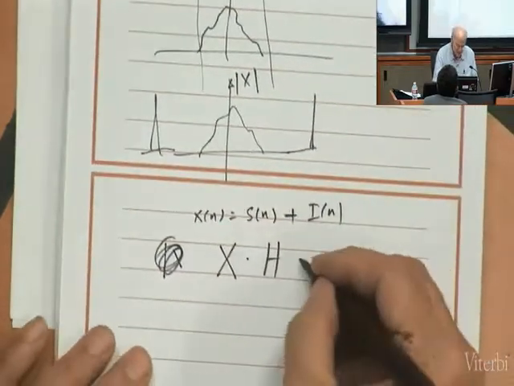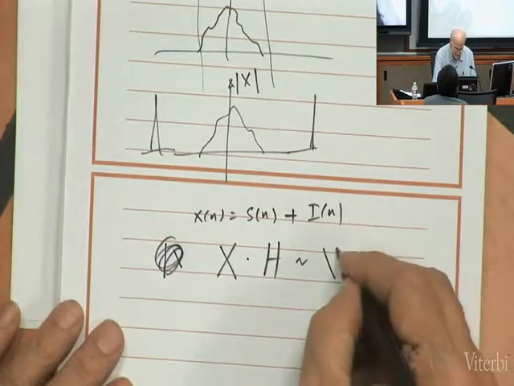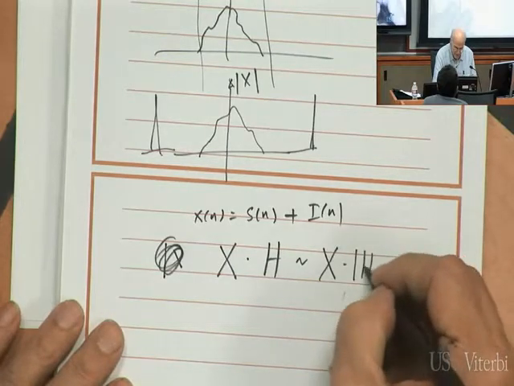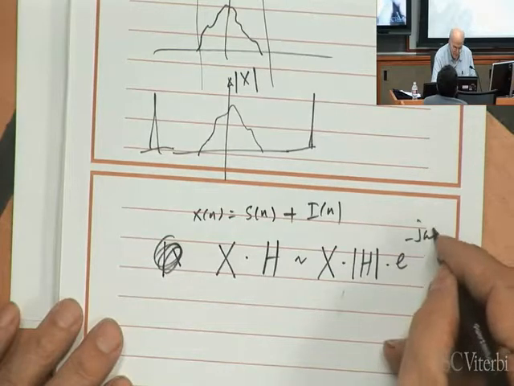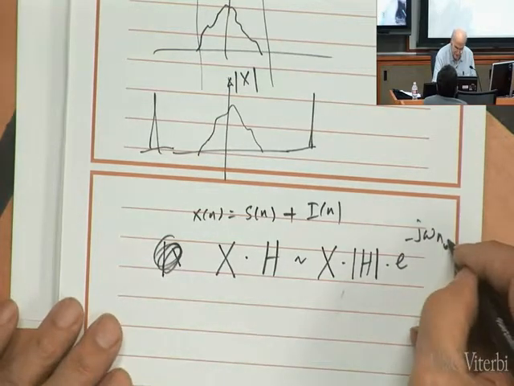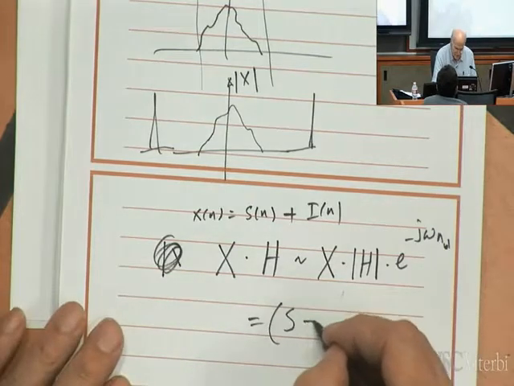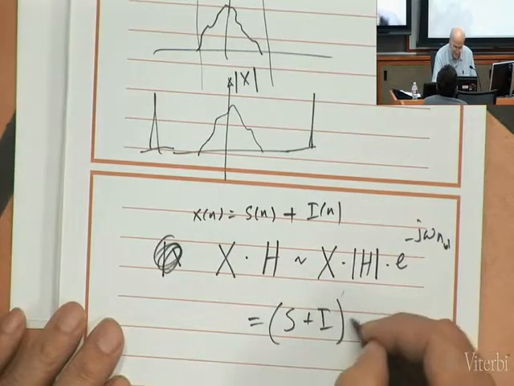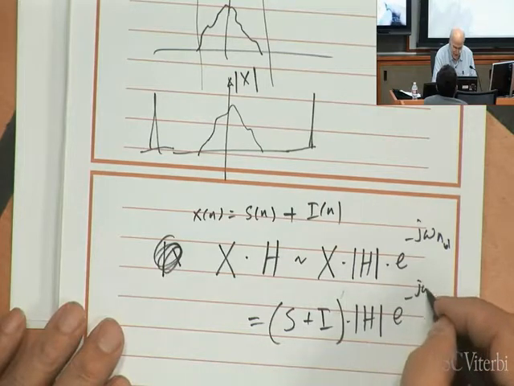Again, since h is linear phase, we will approximate that as x times the magnitude of h times e to the minus j omega n sub d. This is equal to s plus i times the magnitude of h e to the minus j omega n sub d.